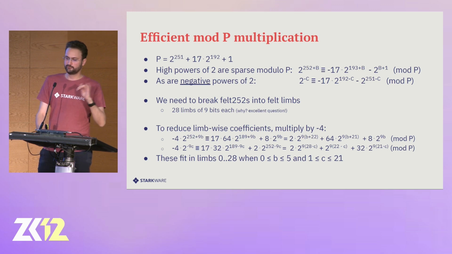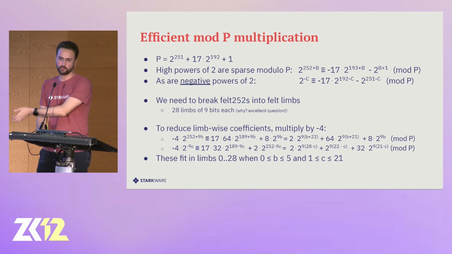We get that -4 times a power of 2, which is above 252, is equivalent to exactly the same formula that we had above, multiplied by -4. The 193, we took 16 out to get 189, which is divisible by 9. And we break down this 17 times 64, which is a number which is bigger than 512, our radix.